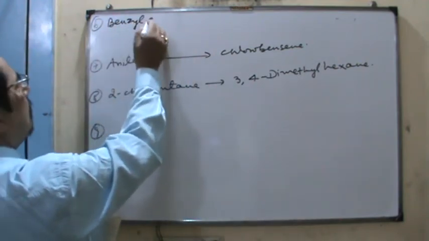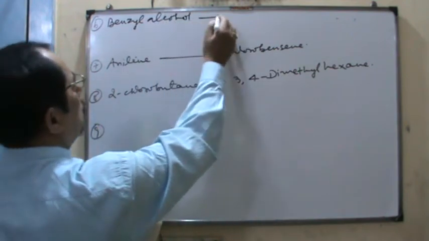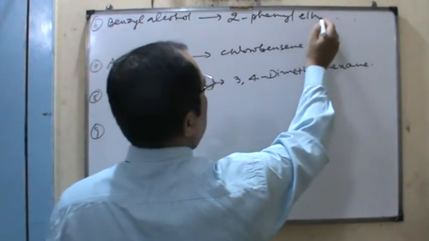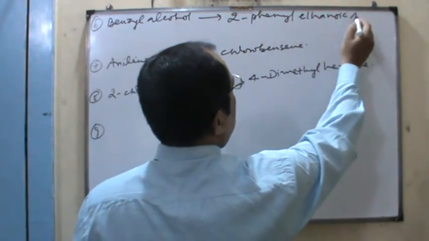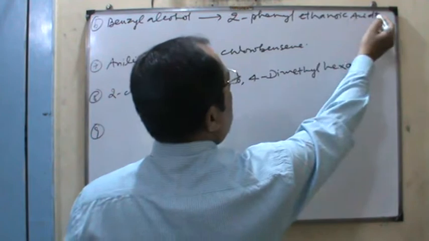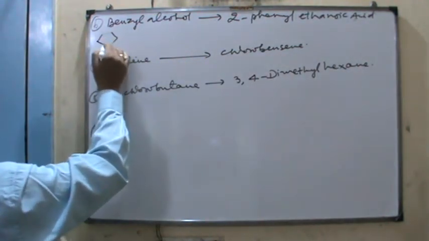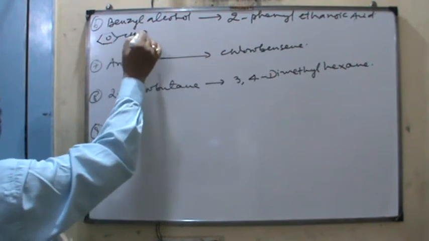So first write the benzyl alcohol, it is C6H5CH2OH, right?